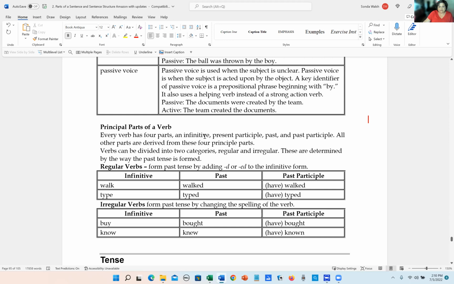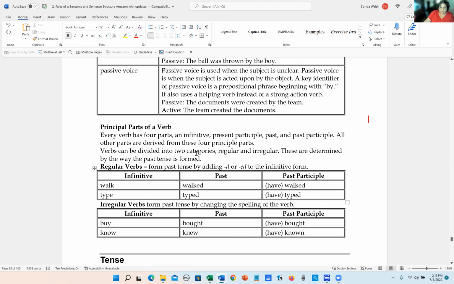We use it a little differently, but it is basically the same thing. It's just we don't use the word to. But if you ever look up words in the dictionary, every verb will begin the definition with the word to. So it's the infinitive part, the present participle, past and past participle. All other parts are derived from these 4 principal parts.